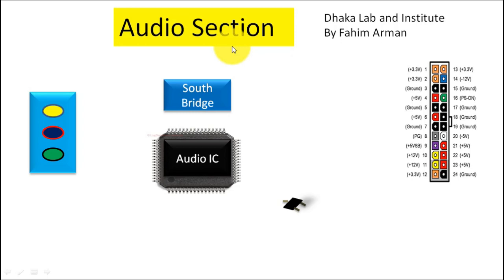So I'm discussing it today, and first of all we can see there is a colorful diagram. This is the desktop motherboard 24 pin ATX connector. Here a connector from the power supply will be joined.